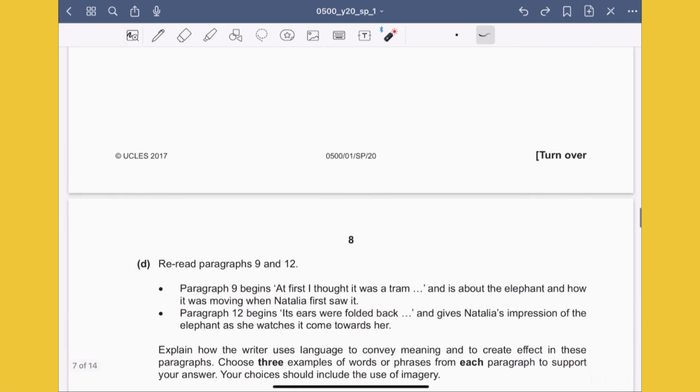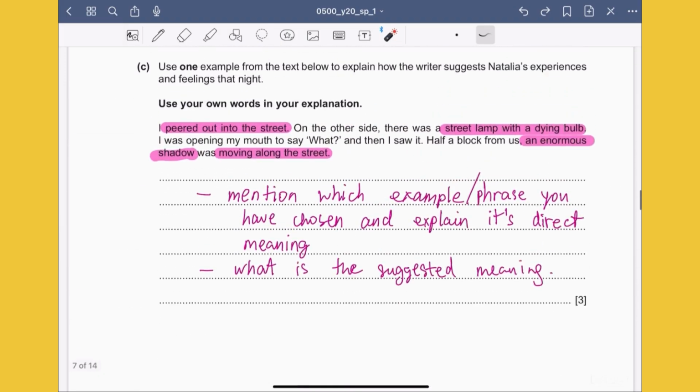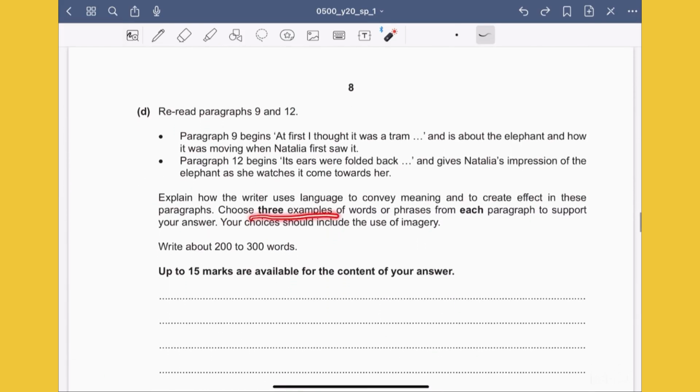Next is just an extension of that. Over here, you did only one example, but over here you need to do 3 examples from each paragraph that is mentioned over here.